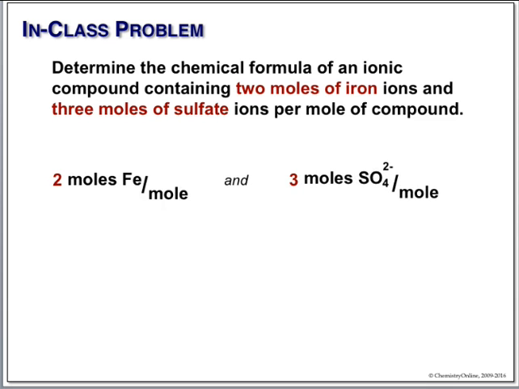So, we just take our iron and our sulfate. If we have 2 moles of iron in every mole of compound, then this is simply Fe2. And if we have 3 moles of sulfate in every compound, we have sulfate 3 times, sulfur.